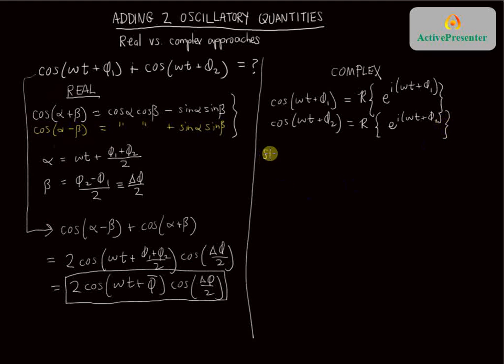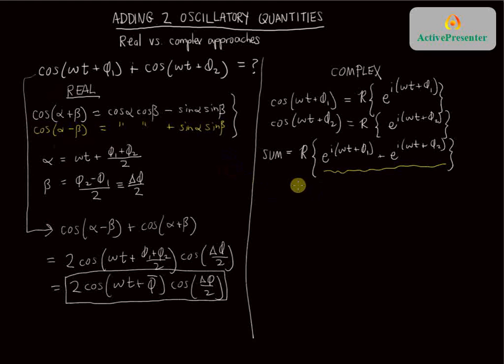So the sum is just going to be the real part of the two things added together: e to the i omega t plus phi 1 plus e to the i omega t plus phi 2. Now we can just take what's running around in the interior, and that's a complex number expression. We can then start modifying that as complex numbers.